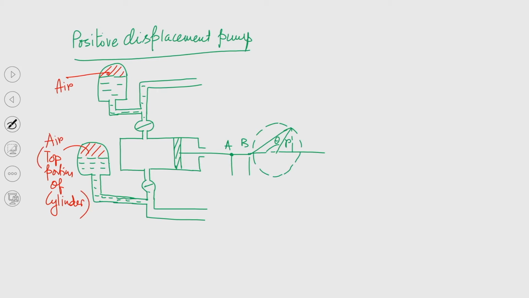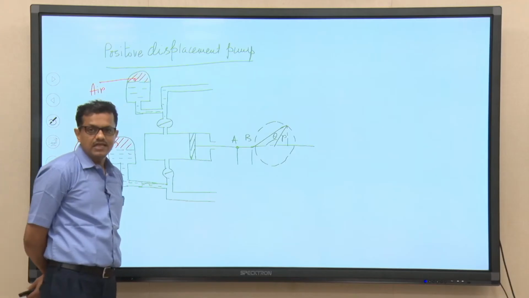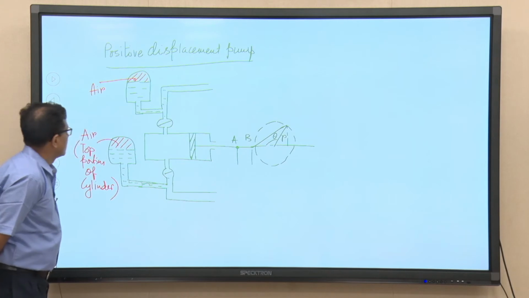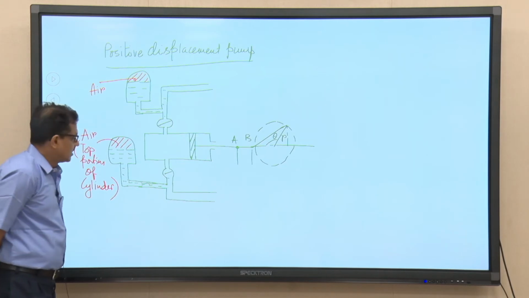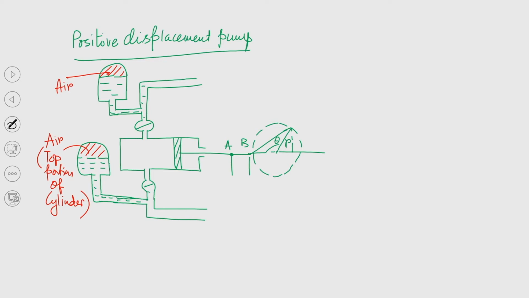This is basically a schematic depiction of the PD pump. I am not going to describe all the parts again, we have understood them. You can see that two air chambers are connected. One is connected to the suction side of the pump, another is connected to the delivery side of the pump.